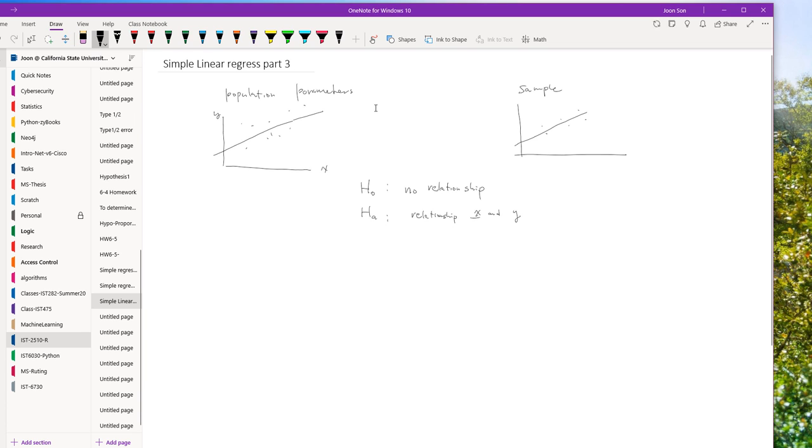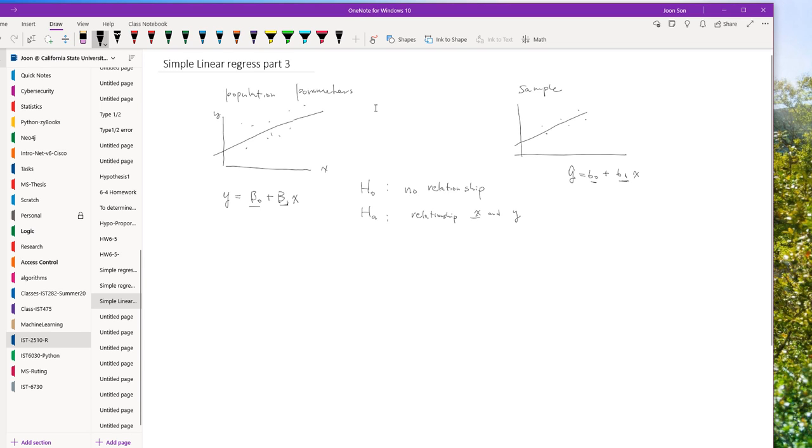So the true equation for this regression line is y equals beta naught plus beta 1 x. Whereas for the sample, the equation is y hat equals b naught plus b1 x. So b1 is the estimate for beta 1, and b naught is an estimate for beta naught.